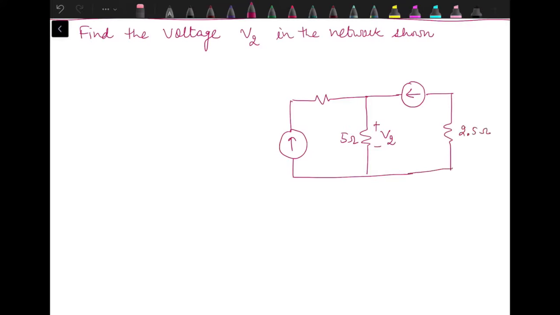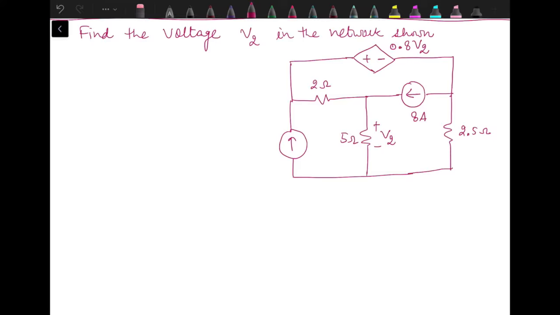This resistance has value 2.5 ohm, 2 ohm, 8 amperes, and here we have a dependent source in which polarity is marked, which means it is a voltage source. Its value is 0.8 V2. It means it is a voltage dependent voltage source.